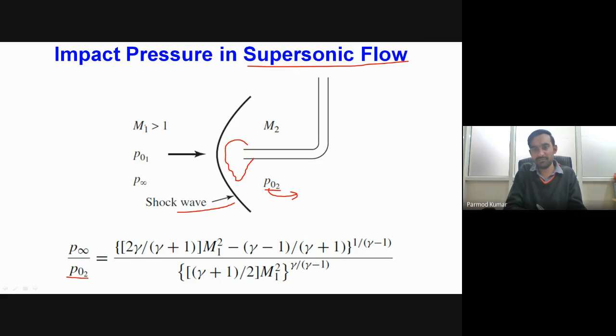The Mach number value in this particular zone will be greater than 1, and in this other zone our Mach number will have a different value, because over here obviously we will have a different density of the surrounding fluid medium.